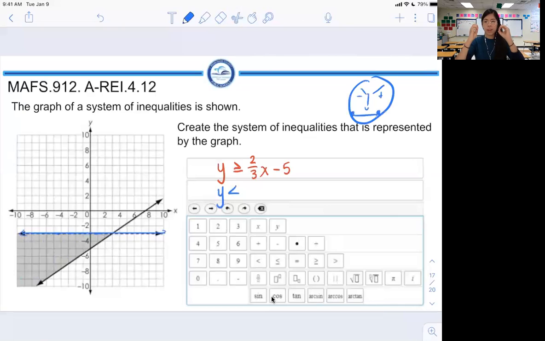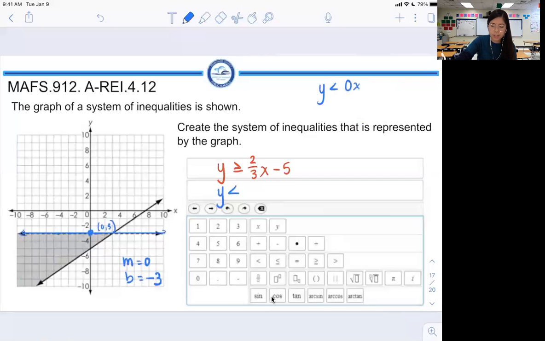Those zeros tell me if I have a flat horizontal line, it has zero slope, which means m is 0 and b, the y-intercept, is negative 3. So the equation, technically, would be y is less than 0x minus 3. But 0 times anything is 0, so this would simply be y is less than negative 3. There it is. That would be my system of inequalities.